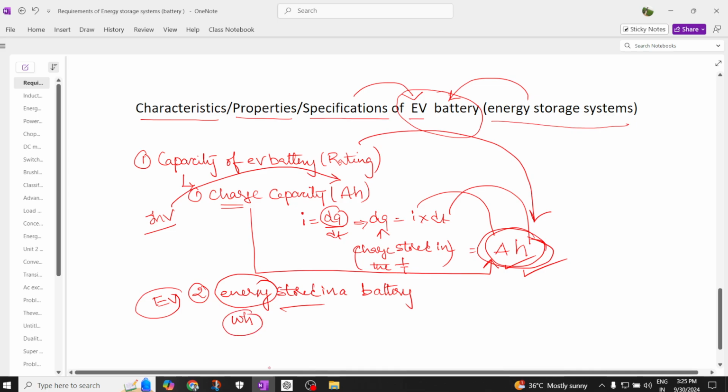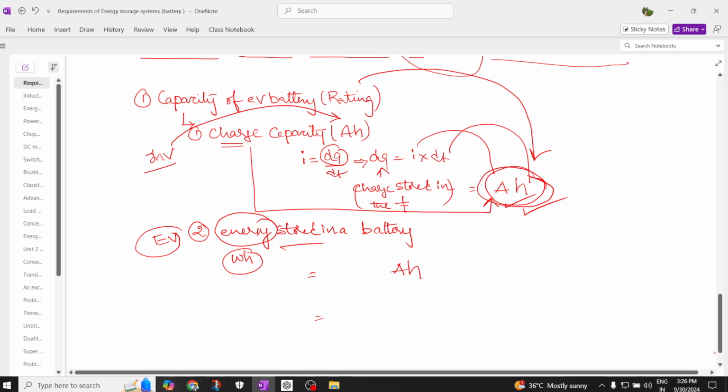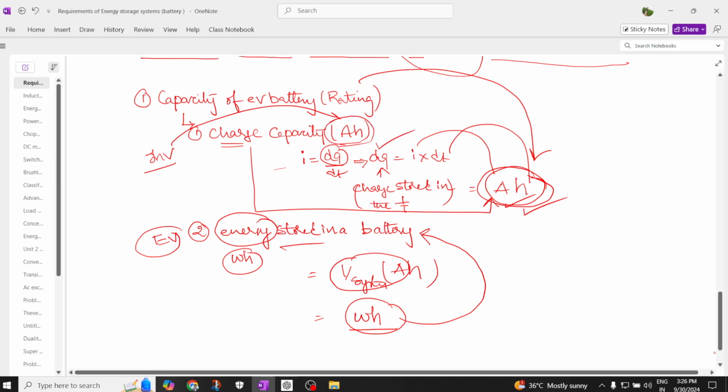We already have ampere hour, but we need to express it in watt hour, so multiply the ampere hour with the system voltage. Voltage into current constitutes watt hour, which is the energy stored in a battery.